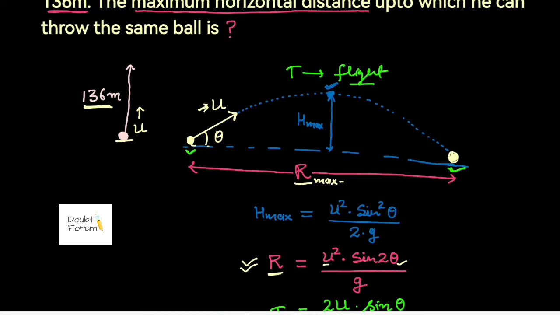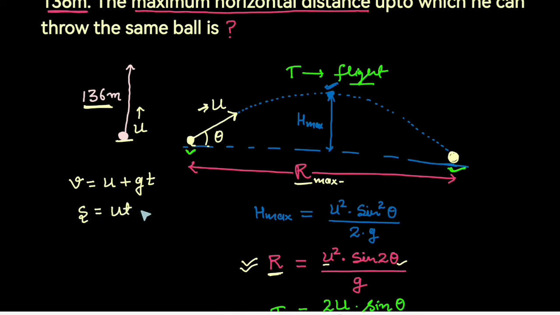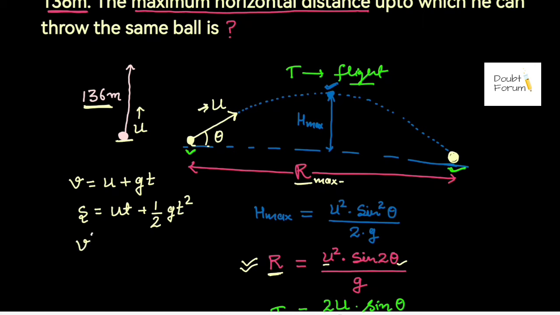So here, this is a simple equation of motion we can use. We know there are three equations of motion. v is equal to u plus gt. Displacement s is equal to ut plus half gt square, and v square is u squared minus 2gs.